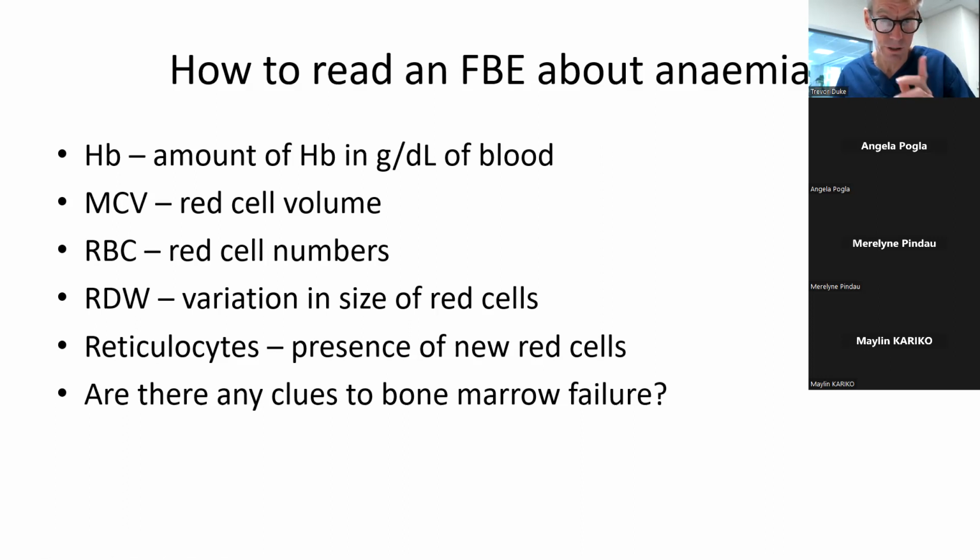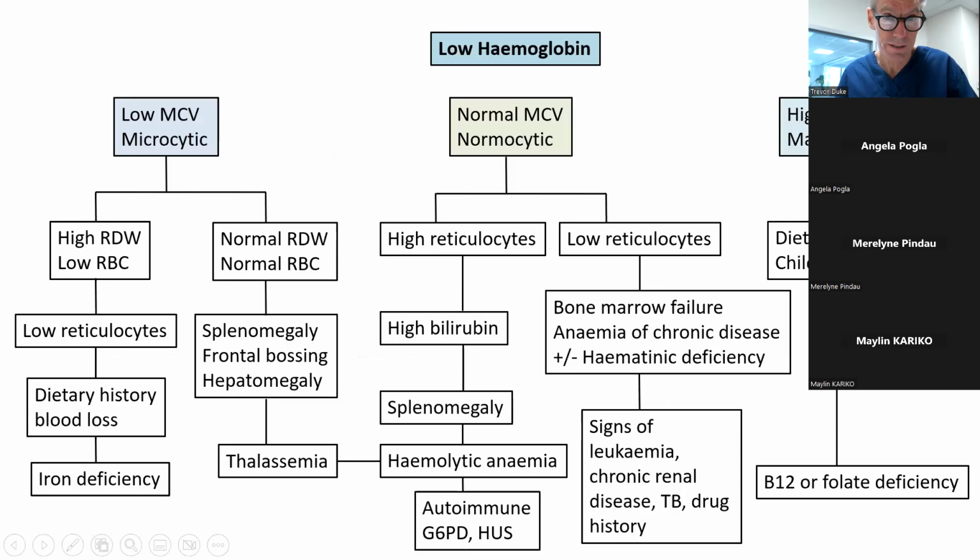And I just want to try to explain what these parameters look like in the common causes of anemia. First of all, you should look at the hemoglobin and see whether it's high or low, of course. The next thing you look at is the MCV, the mean cell volume.